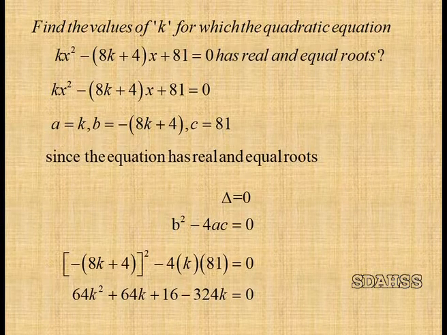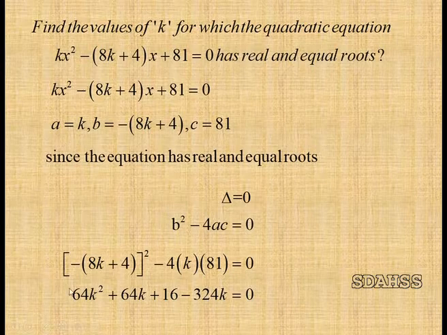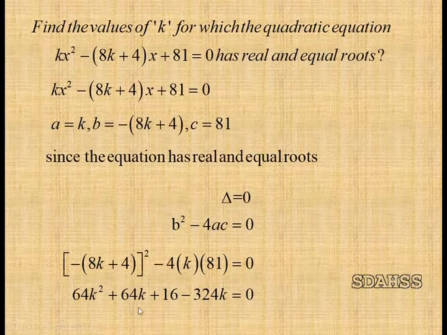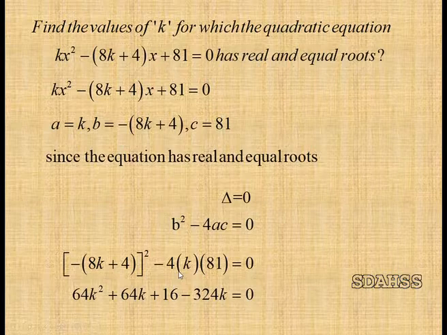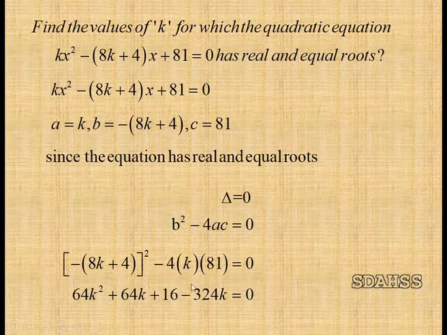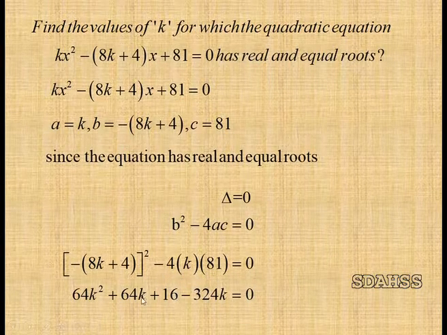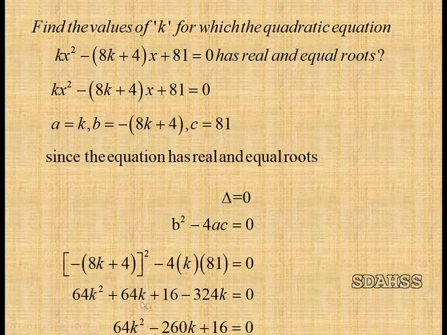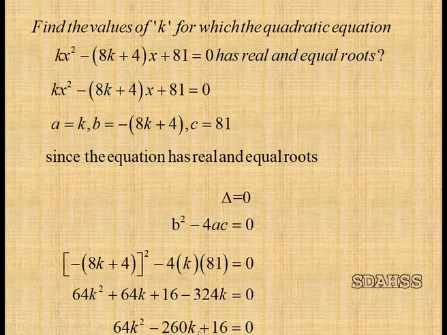This becomes 64k² + 64k + 16 − 324k = 0. 64k − 324k means −260k, so 64k² − 260k + 16 = 0.